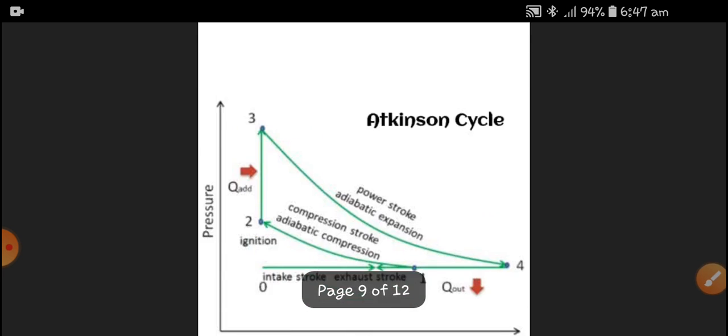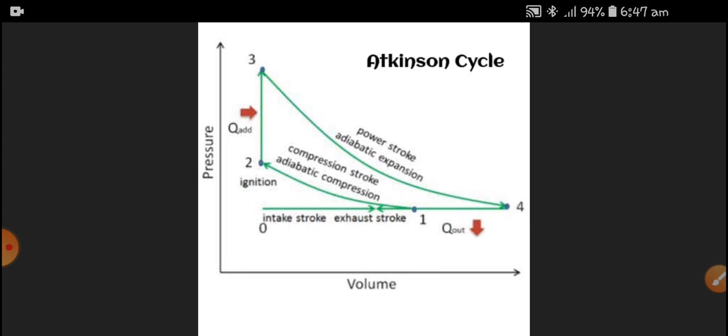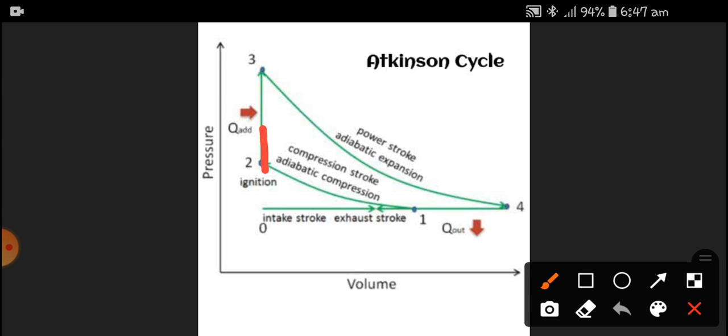And next is the Atkinson cycle. This is the one and only cycle where the heat addition is at constant volume and heat rejection is at constant pressure. This Atkinson cycle is also being used in heat engines.